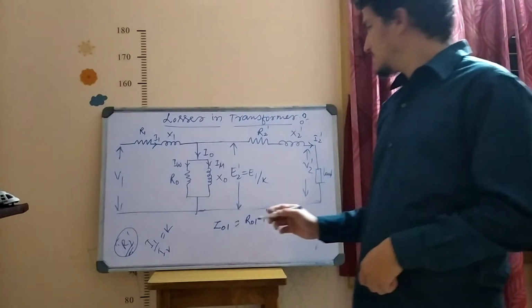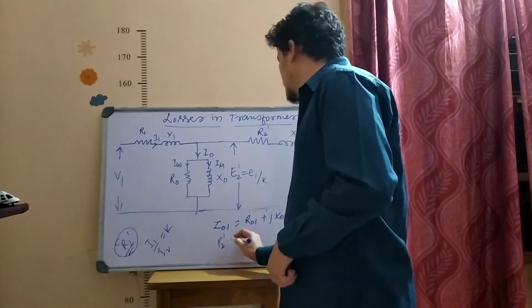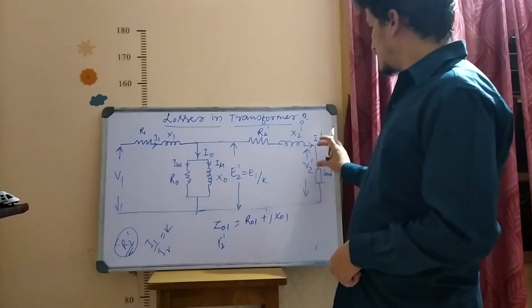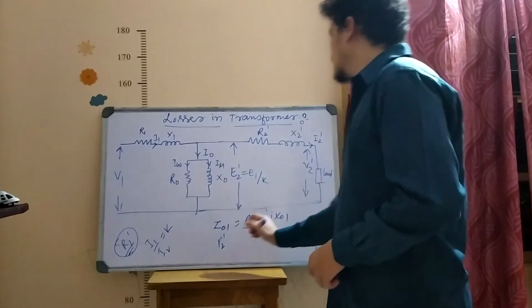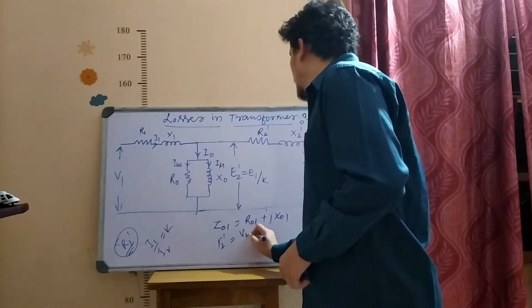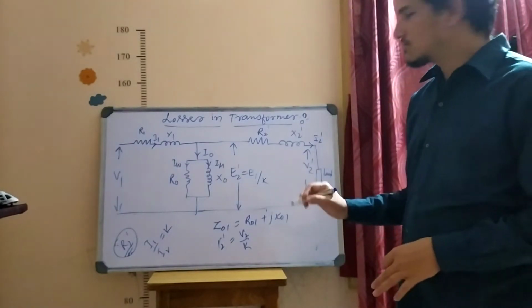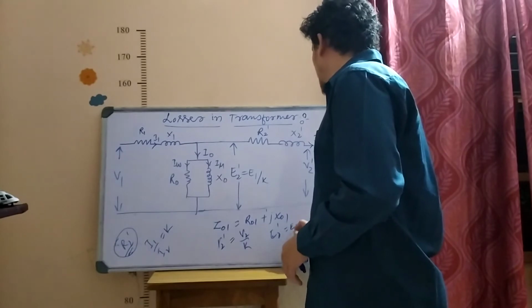Similarly, if you want to transfer V2 dash, if the same amount of voltage is to appear across the load in the equivalent circuit, that is equal to V2 divided by K. That derivation I don't want to show. Similarly, E2 dash is also E1 by K.